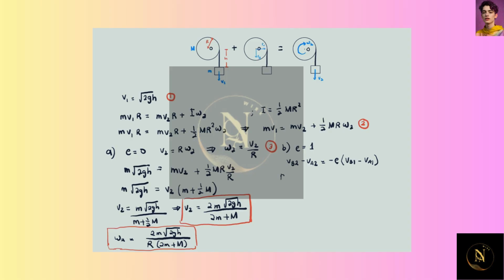So that would be r omega 2, then minus VA2, which is actually v2, equals, since e is 1, negative 1 times VB1 minus VA1. VB1 here is 0, and VA1 is actually equal to v1. So this will give us r omega 2 minus v2 equals v1. So this is our equation number 4.